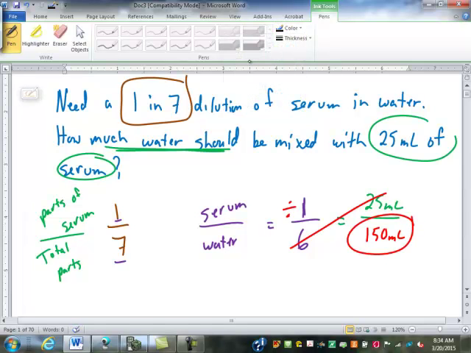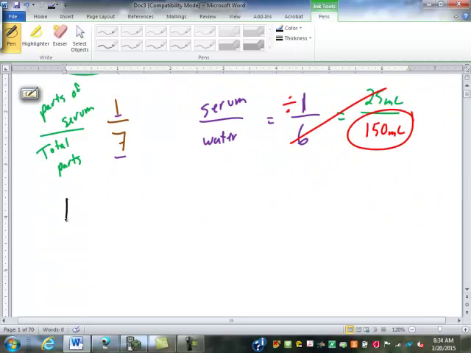Well, we also use those dilutions to adjust the concentration of a solution. Let's say that we have a 48% solution and need a 6% solution.